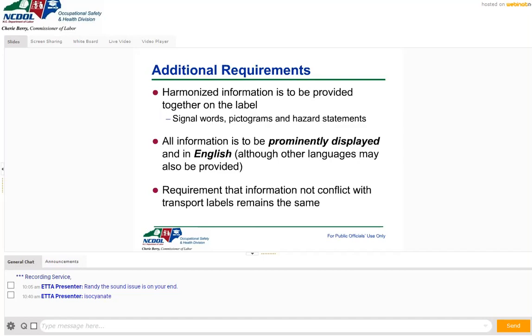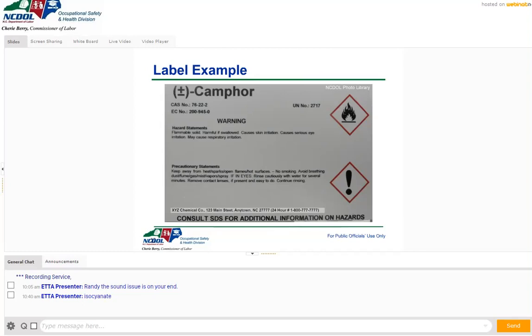And of course, here in the United States, all that has to be in English. And make sure that information does not conflict with transportation or DOT labels. Now, with global harmonization, we should be more closely aligned with DOT labels than we ever have been in the past. And there's your label example for camphor.